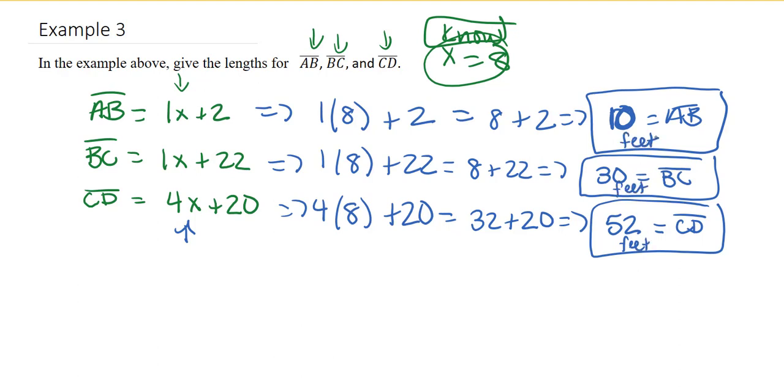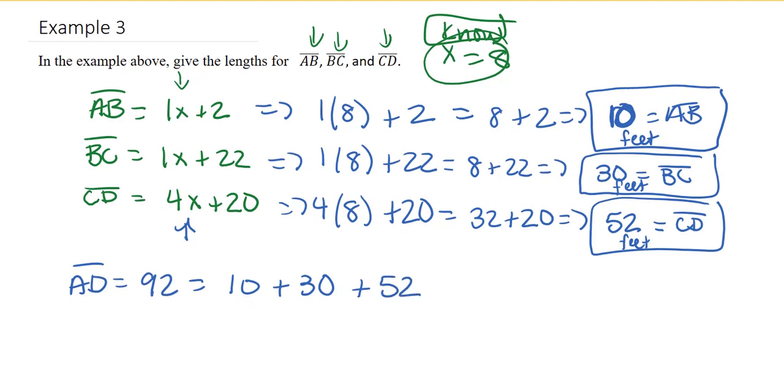Now, what if we're not sure if we did this right? Well, there's a really easy way to do it. All we need to do is see if all these numbers add up to 92, because in example 2, we're told AD is equal to 92. So let's see if this checks out. So 10 plus 30 plus 52.